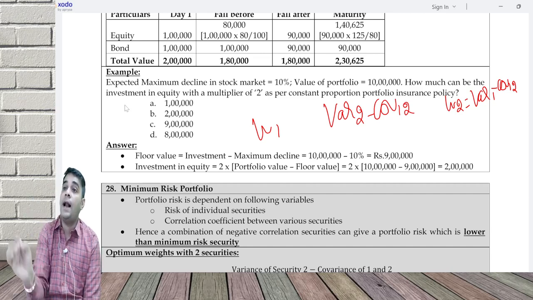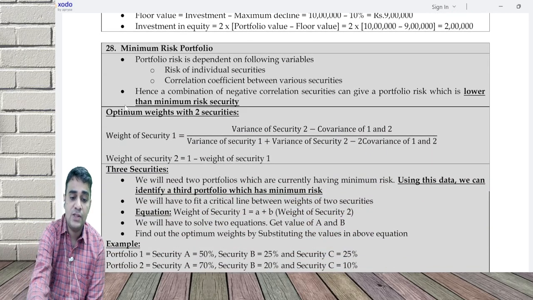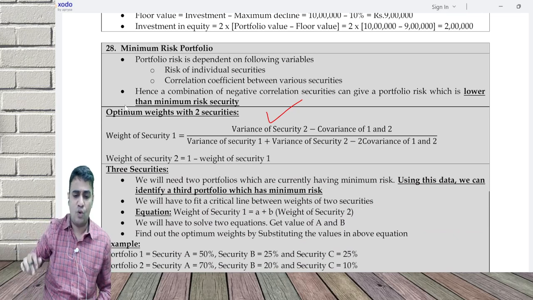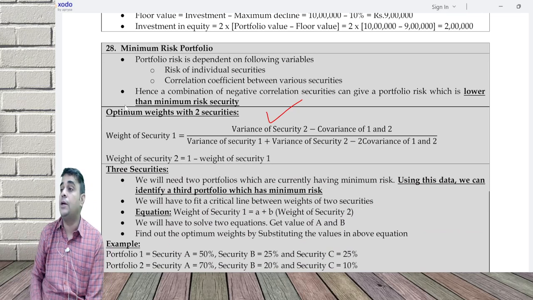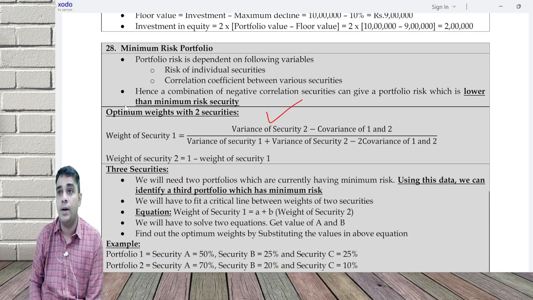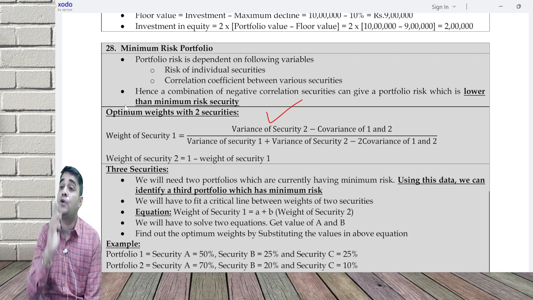Divided by, why we add both? Because I need to finally ensure that weights add up to one. So variance of security 2 minus covariance of 1 and 2 divided by variance of security 1 plus variance of security 2 minus 2 covariance 1 and 2. Clear? Any doubts on this? Second one also I can apply a formula, or you just do 1 minus this. This is if you have two securities.